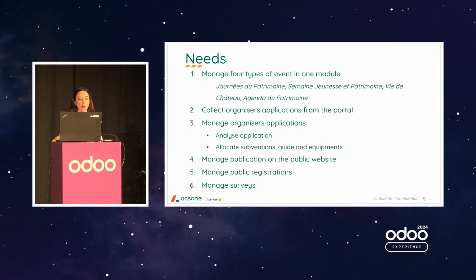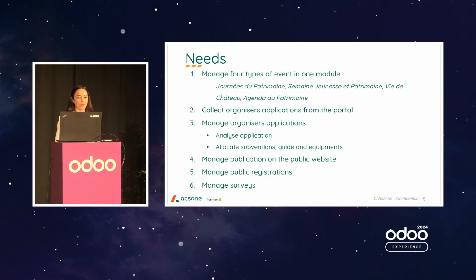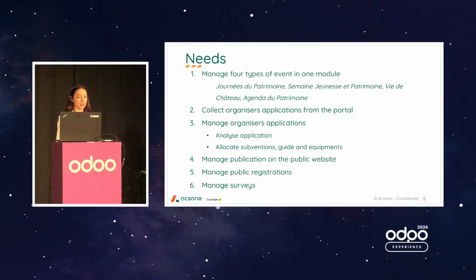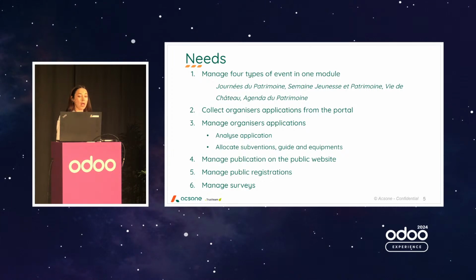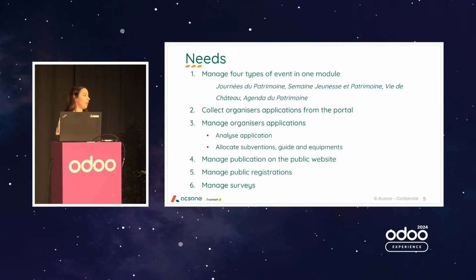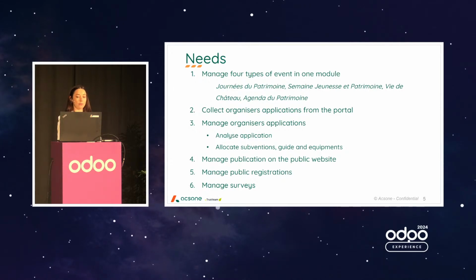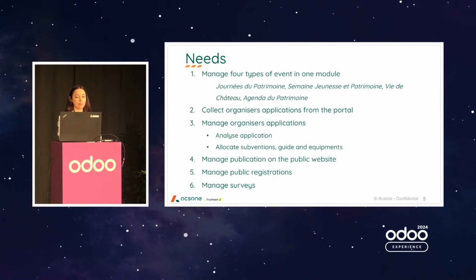And so they need to collect organizer applications from the portal, manage organizer applications, which means analyze their application, allocate subventions, guides and equipment in some cases. Each type of event doesn't need everything, but you can configure it.